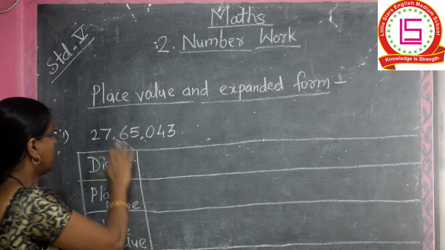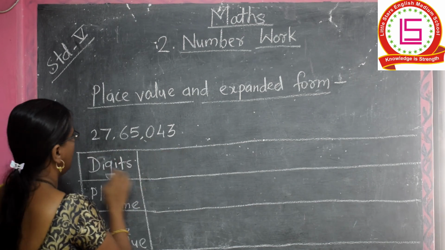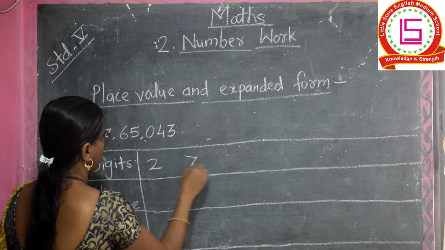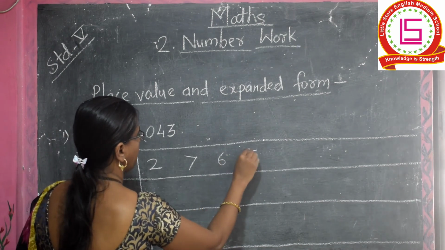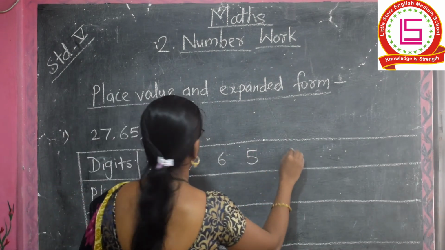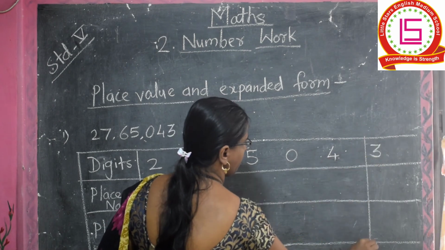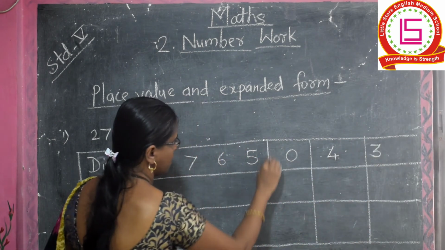See here, in this number, these are the 7 digits. So we have to write here digits like this.